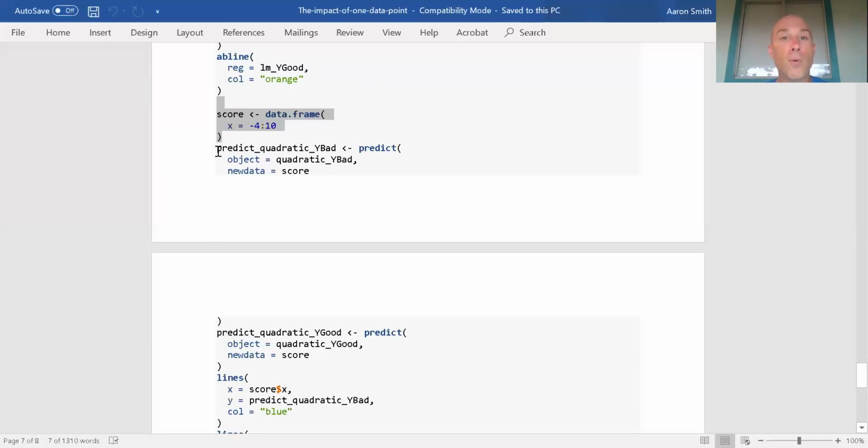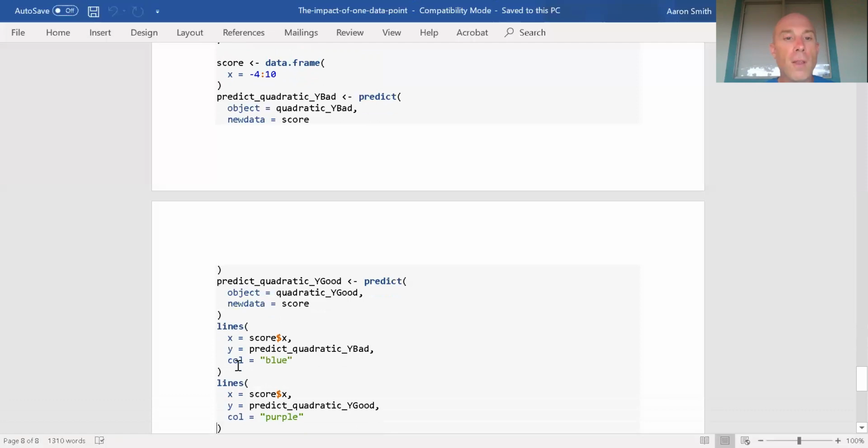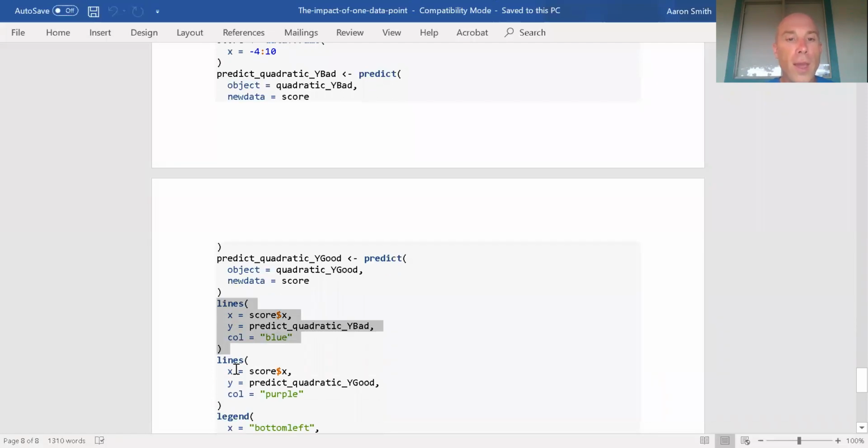Now we use the predict function to make our predictions. The object is the model that we're predicting with, and the new data is the data that we're making predictions on. And I'm using the lines function to go ahead and print those predicted values.